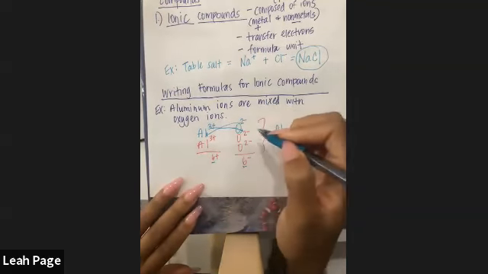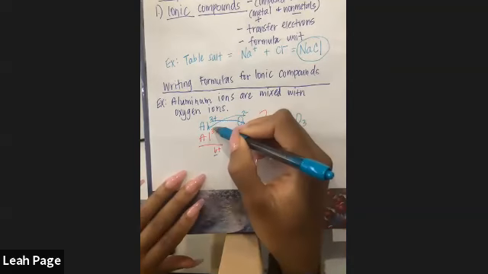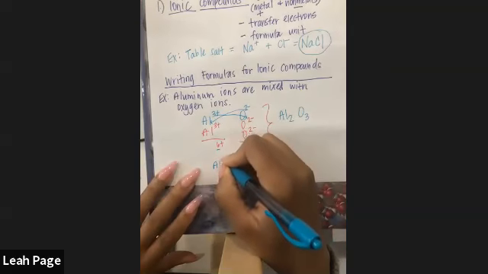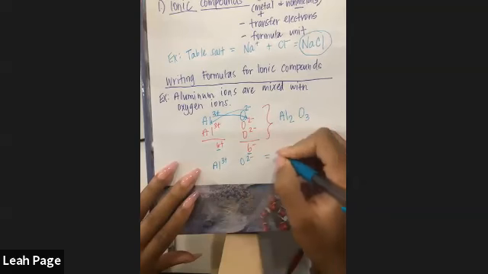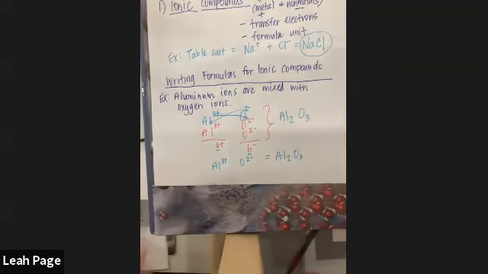I'm not going to bring the positive or negative sign. I'm just switching the number. So I started off with aluminum 3+ and oxygen 2-. When I switch them, I'm going to say Al2O3.